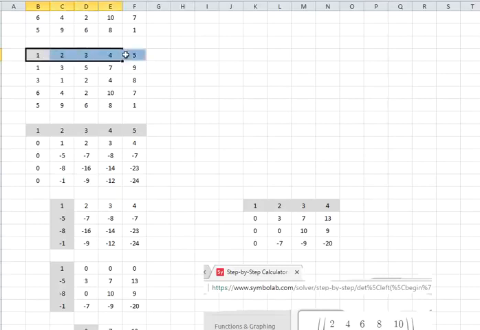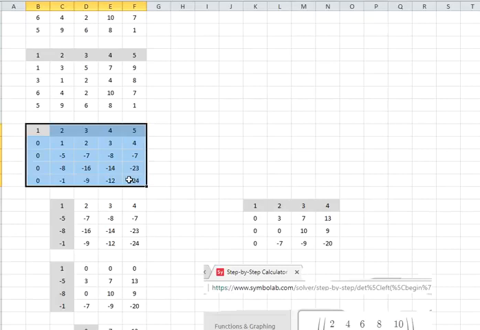Similarly, I multiply this row by -6, add the result to this row to get this. I multiply this row by -5, add the result to this row to get this. Stop the video and look it over if you don't see what I did. So now the determinant of this is equal to the determinant of this.